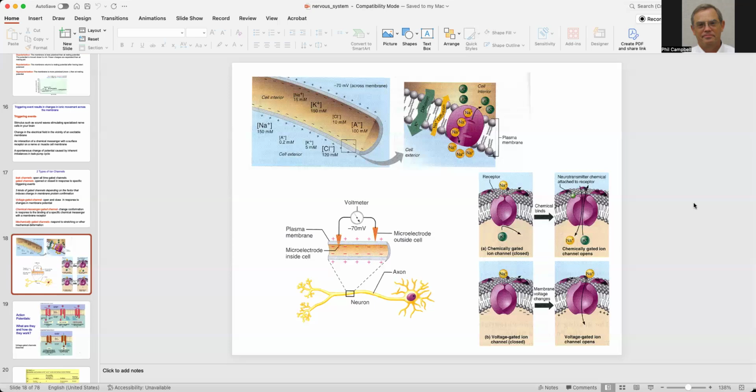How does it close? We get rid of that signaling molecule. We'll talk about how that happens later. In the case of voltage-gated channels, remember you have pluses on the outside, minuses on the inside. When there's a disruption of this, then we will activate and open these, hence voltage-gated channels.